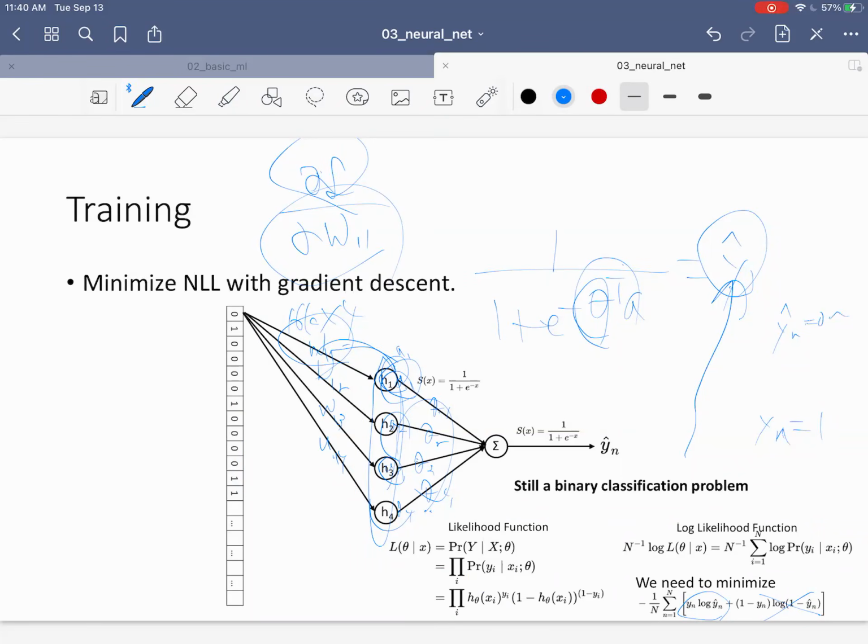And log of that is what? When you draw a log function, this is 0, right? And 1 would be... right, so this is 1. Log of 1, I'm sorry, log of 1 is 0. I'm sorry.